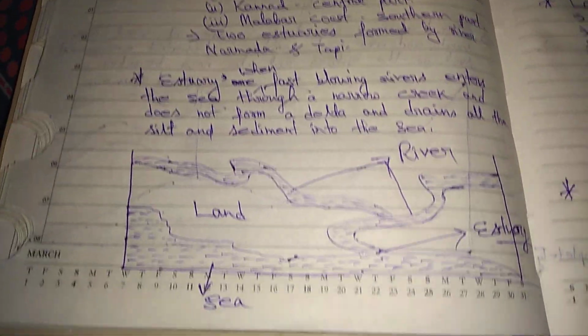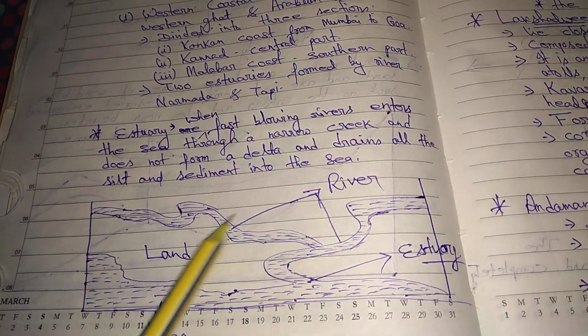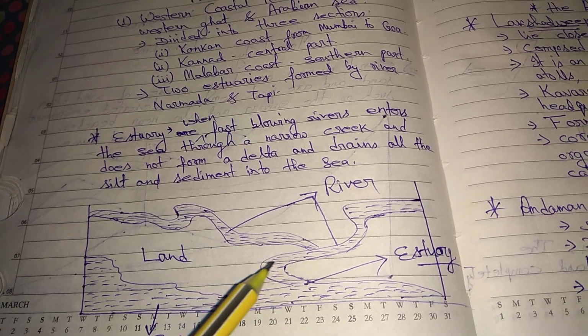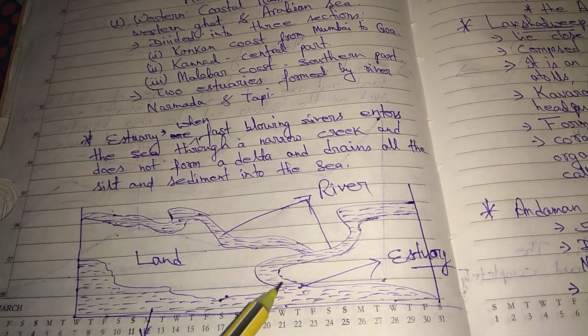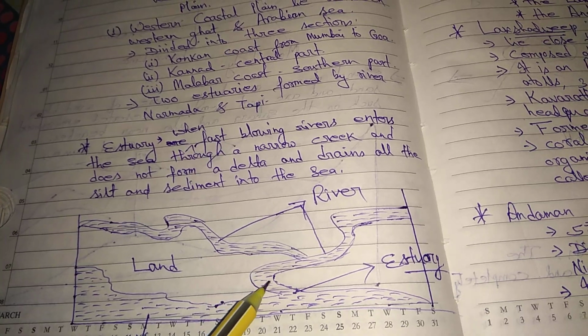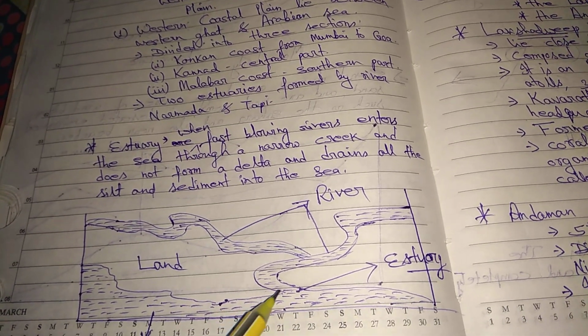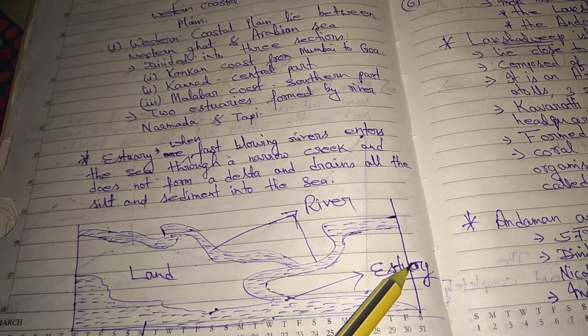As you can see here, this is a river, here is also a river, this is our ocean, and these two rivers, without forming any delta here, deposit all the water, sand and sediments into this sea. Such a region is known as an estuary.